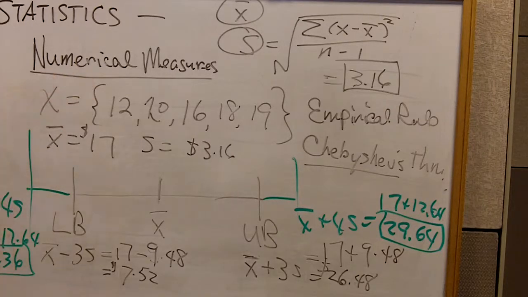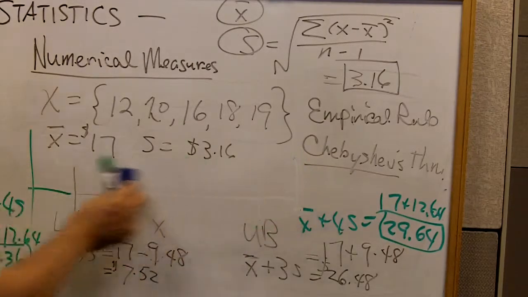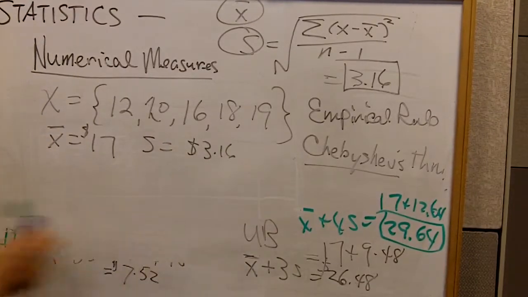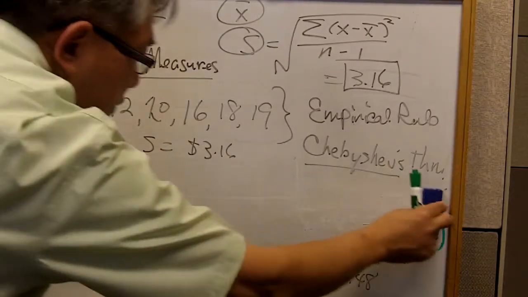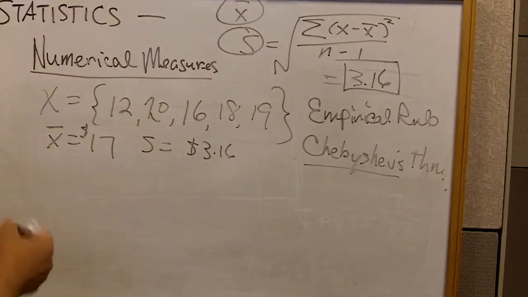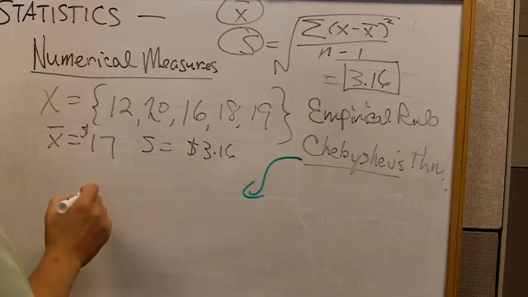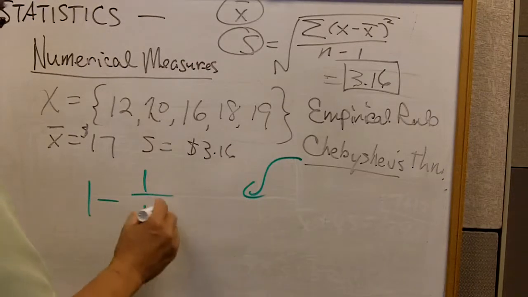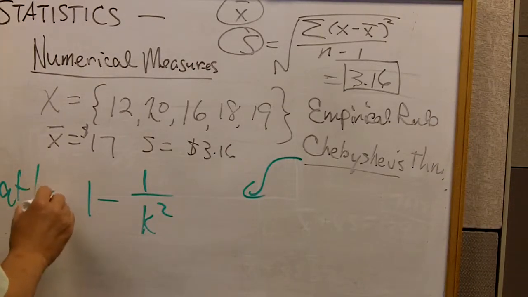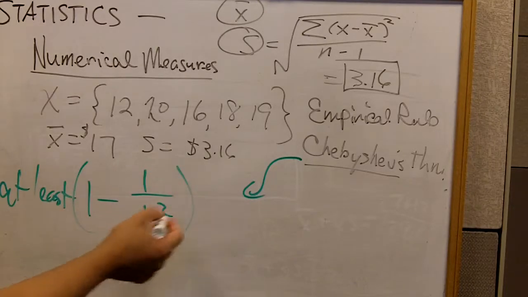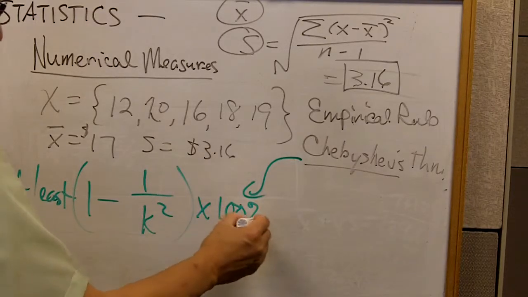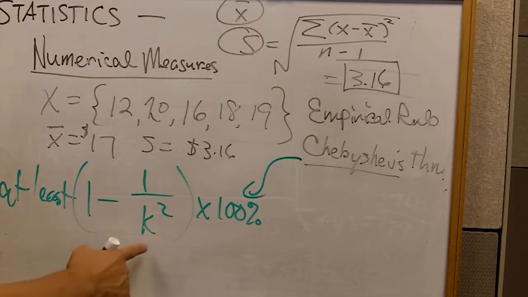And there's something more about the Chebyshev's theorem, that actually Chebyshev defined a distribution using an equation. The theorem says at least 1 minus 1 over k squared, times 100%, of all the values would be within k standard deviations.